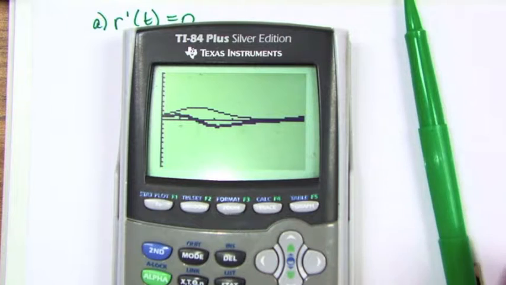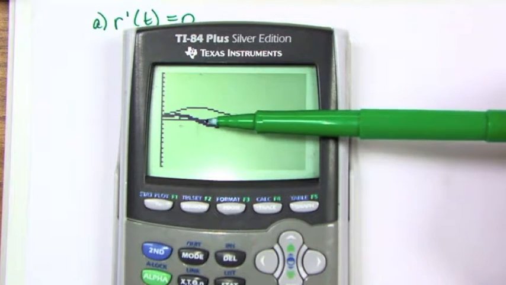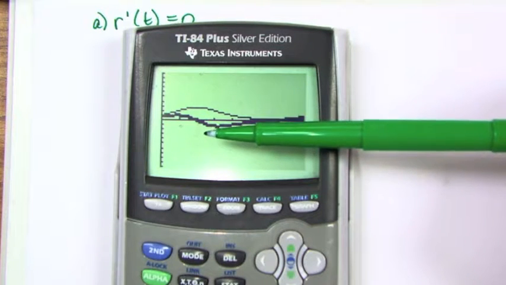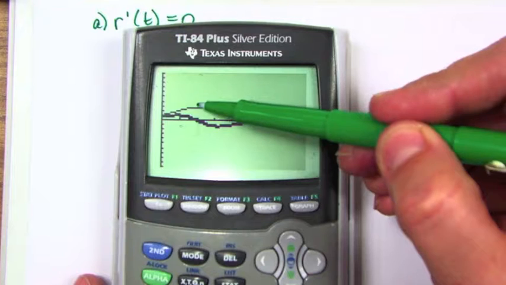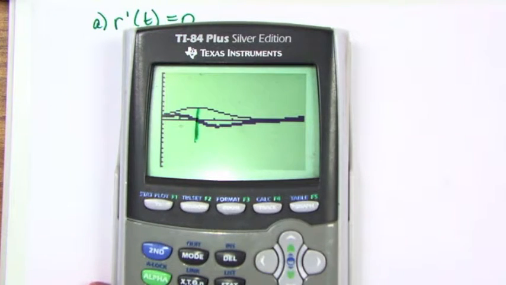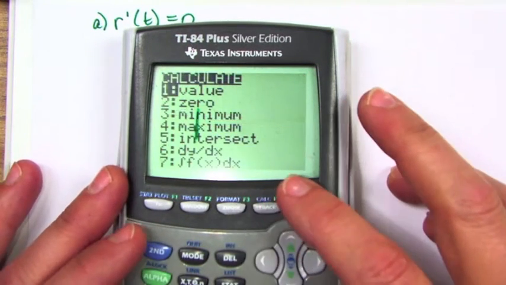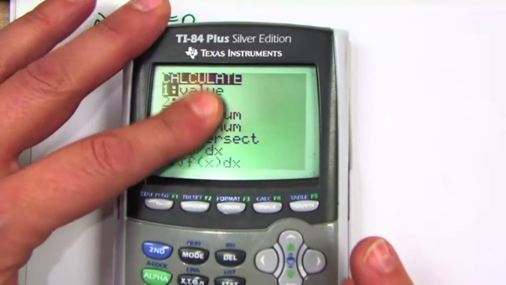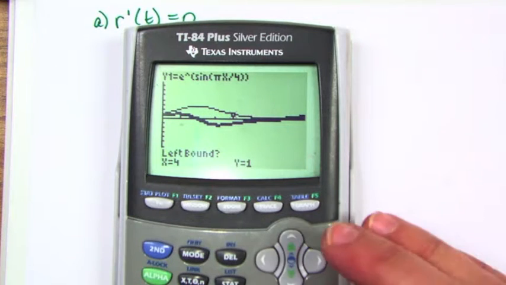Okay, so again, the max on R of t should correspond with where the derivative is equal to 0 and changes from positive to negative, and you can see that it does. There it is, right there, right? Okay, so now I need to find out what that value is. So I'm going to go second calc, and I'm going to wipe the screen off my calculator, and I'm going to figure out the 0.